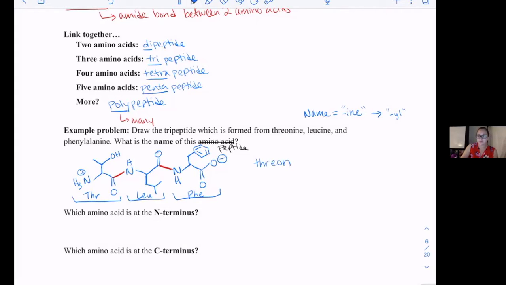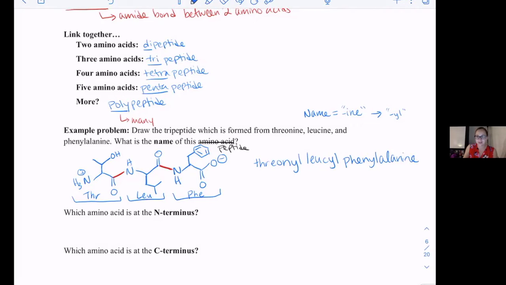So threon, and then instead of INE, we're going to put YL. Threonyl. I put an I, leucyl. And then the last one will stay the same. The very end one will stay the same. Okay, so the name of this would be threonyl leucyl phenylalanine.